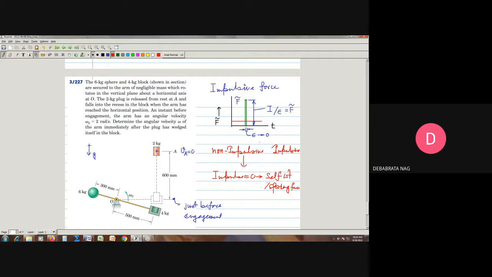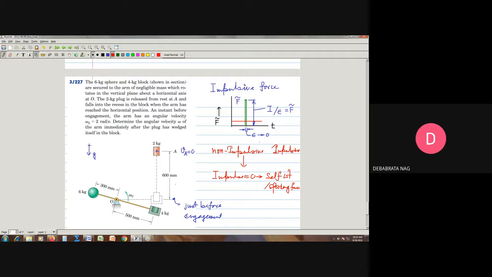You have to be a little careful if in your system there is any chance of impulsive forces, because whenever there is a collision, like this one, which is called a perfectly elastic collision, as you have studied in your fundamental physics course in school, or an impact between several bodies, and the system has any spring force or gravity force, please note that while calculating the impulse of such impulsive forces, we have to neglect the impulse of such non-impulsive forces.